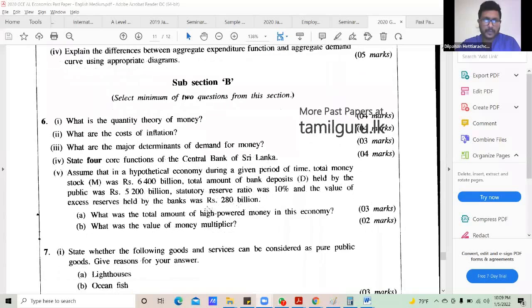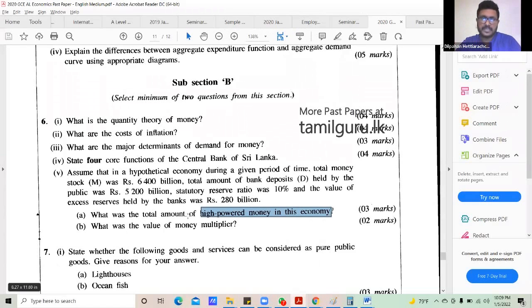So that's how we get the answer for high-powered money. CP 1,200, CKB equals excess reserves, that is 280, plus RR 5,200 into 10%, it's 520, altogether 2,000.